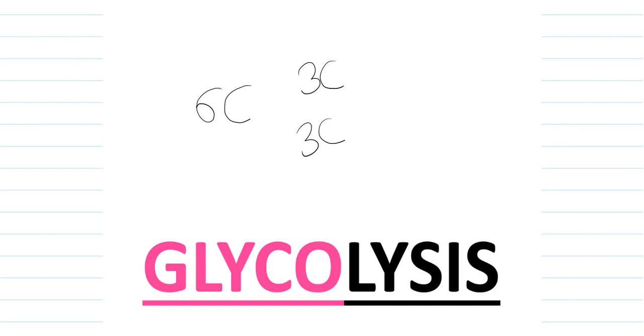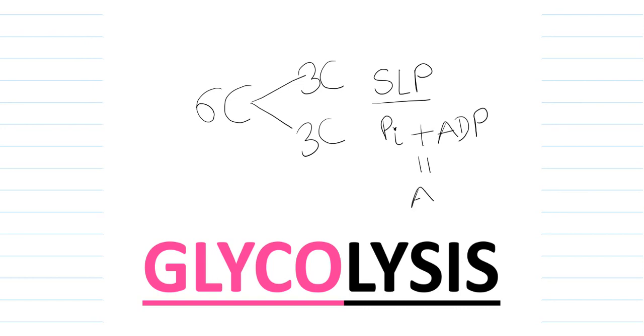compound. During this process, it is going to release energy from substrate level phosphorylation, meaning the substrate will release inorganic phosphate that will bind with the adenosine diphosphate already present in the cytosol to produce an ATP. So this is an example of substrate level phosphorylation.